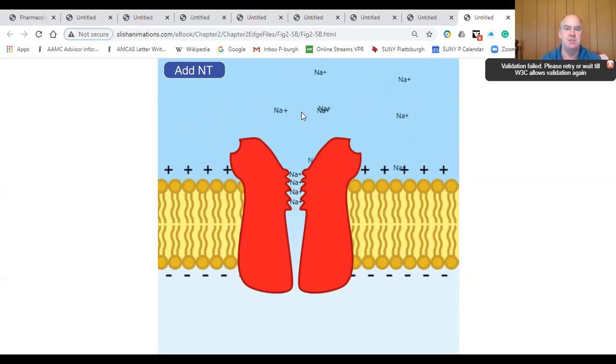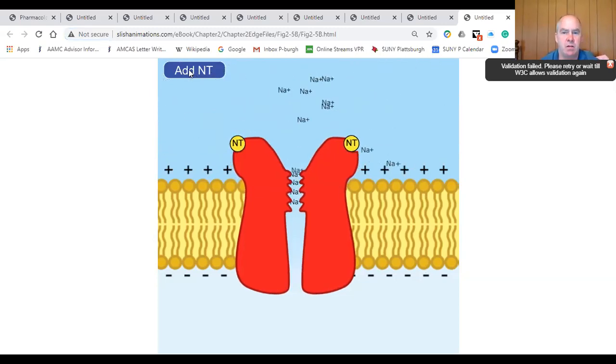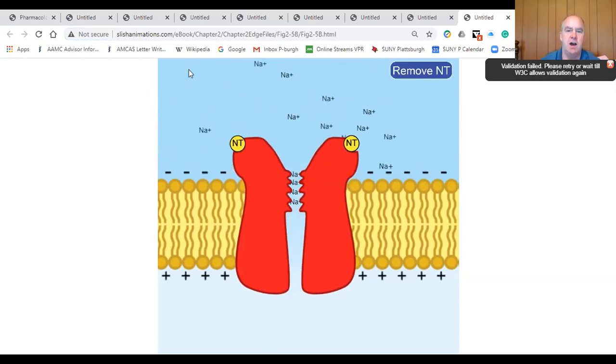But anyway, so this is sodium outside, right? And because of your potassium leak, like we said last time, we've got negative charges inside and positive charges outside. So when we add neurotransmitter, it binds the receptor, and now you've got sodium going through, and you can see the membrane potential flip. Now it's positive inside and negative outside.